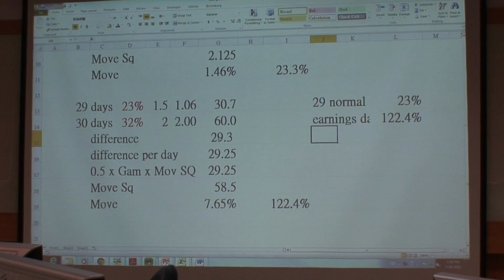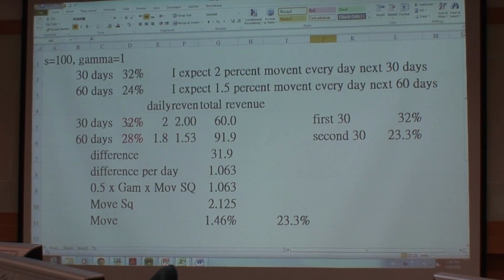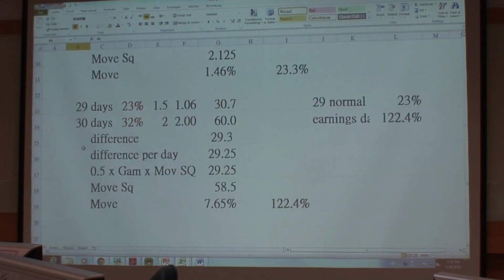So this was the second calculation I made. So the first calculation, I look at two expiries, 30 days and 60 days, and by applying this logic I can find out the residual 30 days. Then the second calculation I do, I make one assumption.